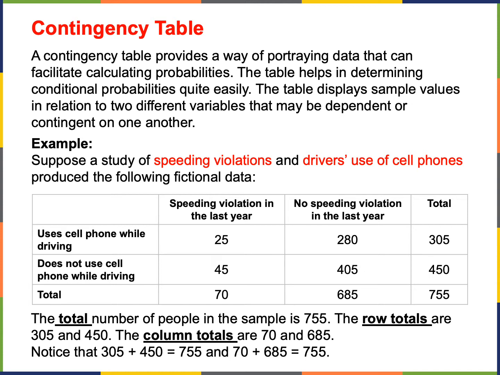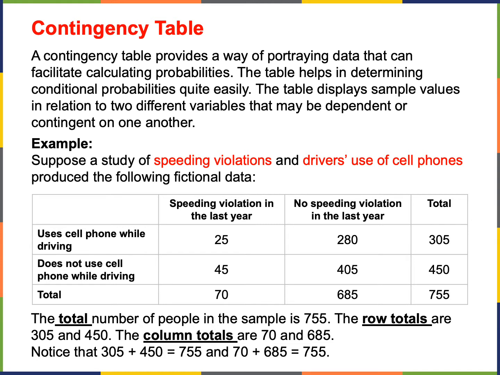Did you have any speeding violations, yes or no? And they also asked, did you use a cell phone while you were driving or not? So out of the 755, 305 of them use a cell phone while driving, and 450 do not use a cell phone while driving.